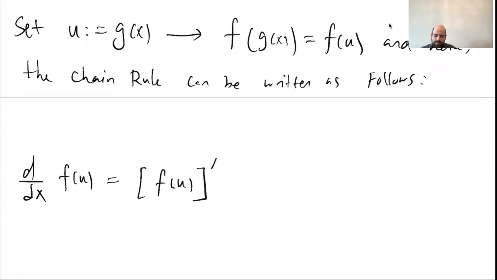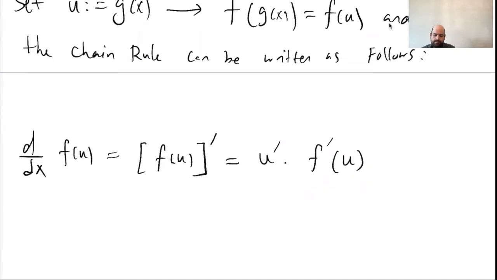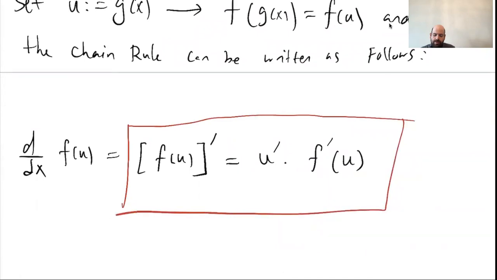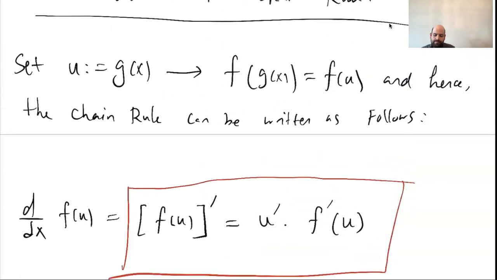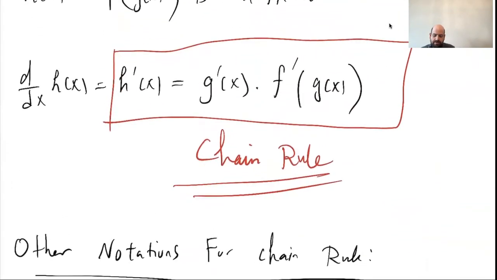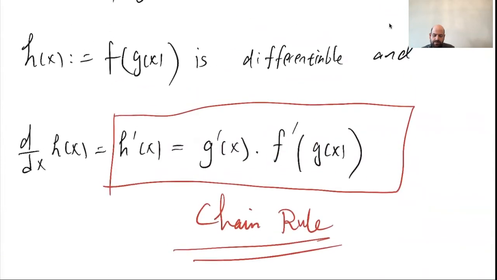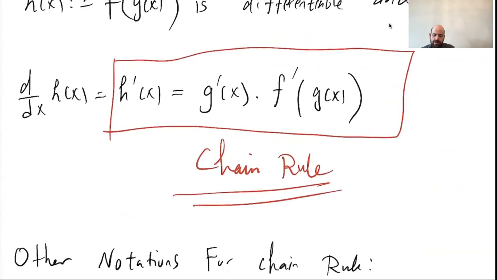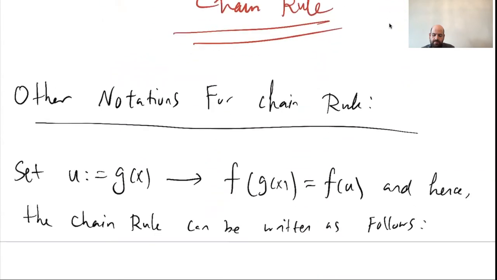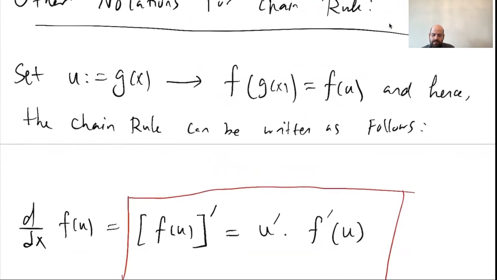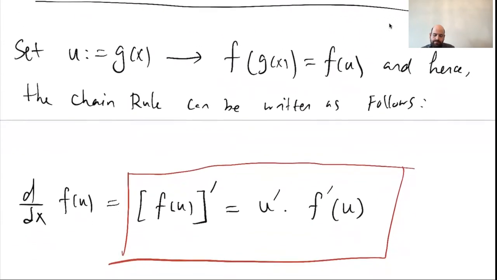I can write this as u prime times f prime of u. The derivative of f of u is u prime times f prime of u, right? Because g prime of x, g of x, I called it u in this notation. So g prime of x will be replaced by u prime. F prime of g of x will be replaced by f prime of u, because again, g of x, I'm calling it u.